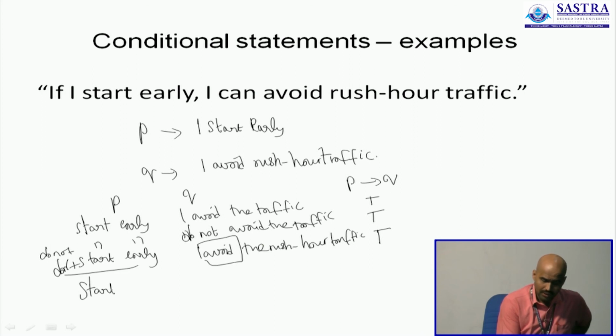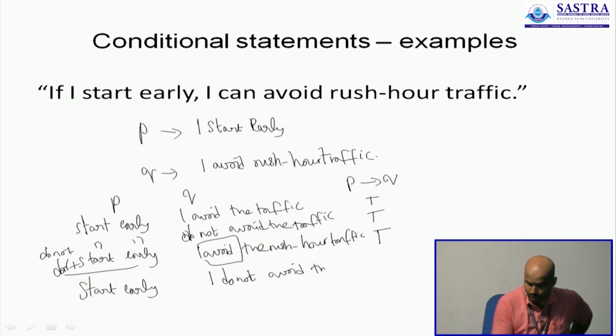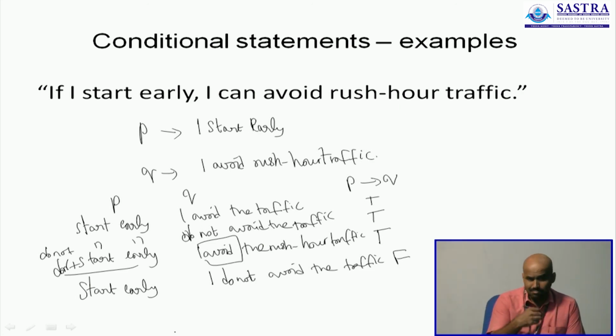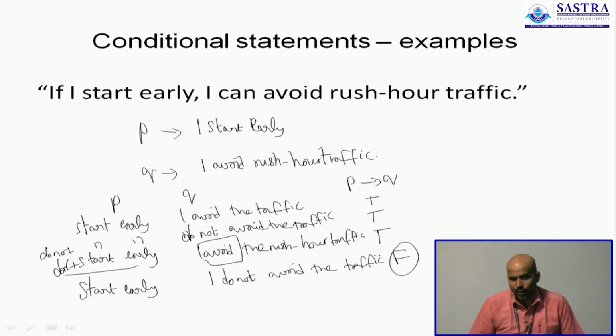I actually start early, but I do not avoid the traffic. Now this is the only combination that takes up a false value, because the claim is whenever you start early you do avoid the rush hour traffic. But the last combination here implies that I've started early but somehow I've not avoided the traffic. Now that is not in line with the definition of the connective that we just saw, and therefore it takes a false value only in one of the four cases.